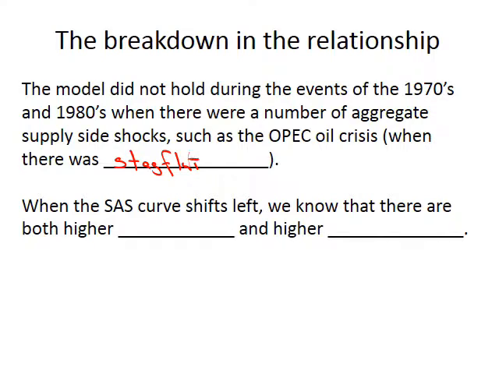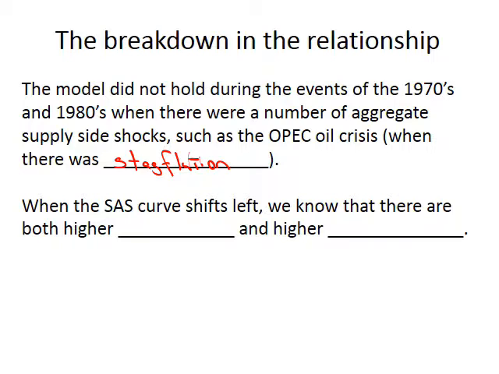So just as a reminder, what happened in the 70s is that OPEC, the Organization of Petroleum Exporting Countries, had decided to limit production and hence drove up prices significantly in the 70s. Because oil is used as such an input for many industries and for transportation, it had a macroeconomic effect of shifting SAS to the left.